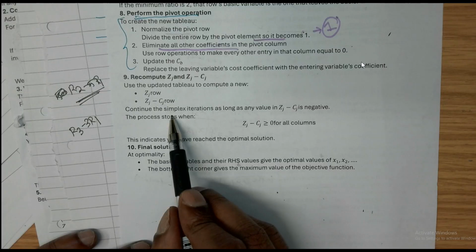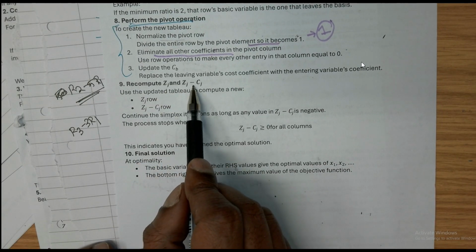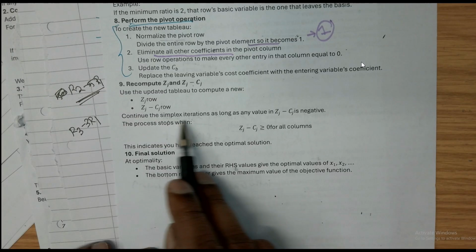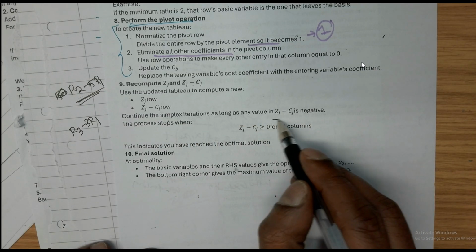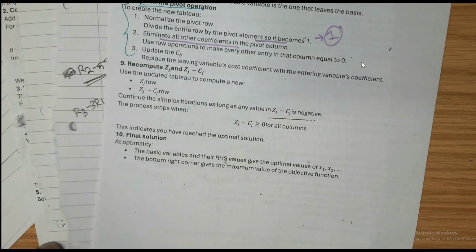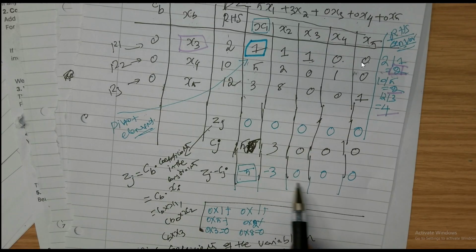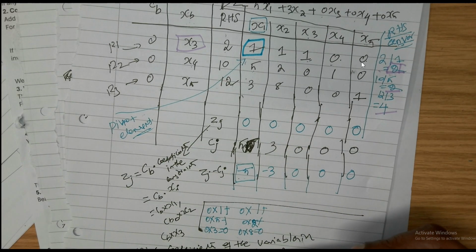So, continue the simplex iteration. We already recomputed Zj and Zj minus Cj, and we are supposed to continue the simplex iterations as long as any value in Zj minus Cj is negative. In the first table we found a negative value, isn't it? So we had to construct another simplex table.